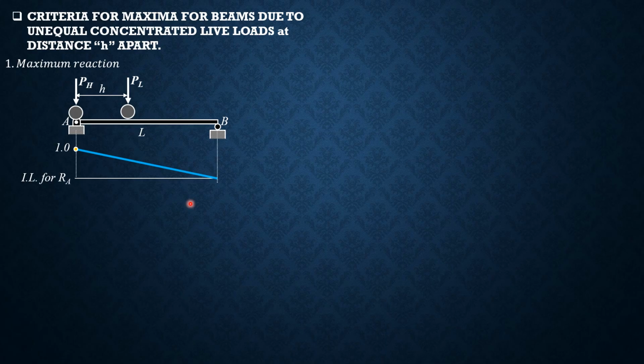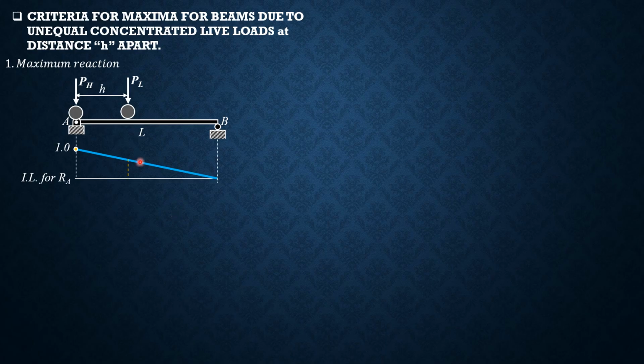There are two ways to derive Ra max. One is using the influence line by computing the ordinate under the lighter load here in terms of H and L. The other one is to apply statics, you sum up moment about B. The results would be the same.